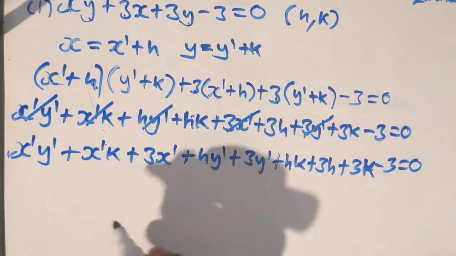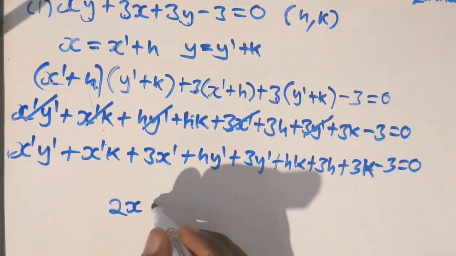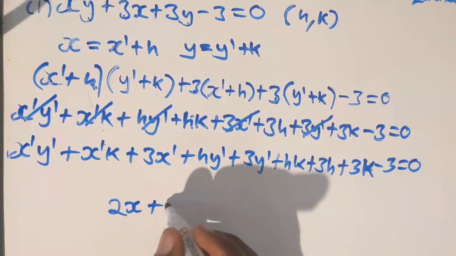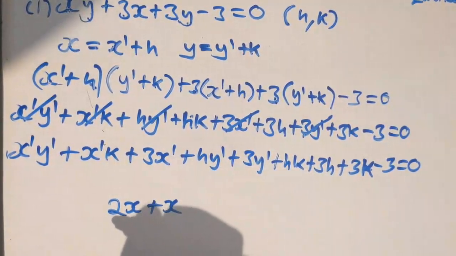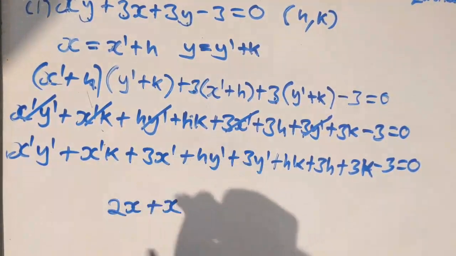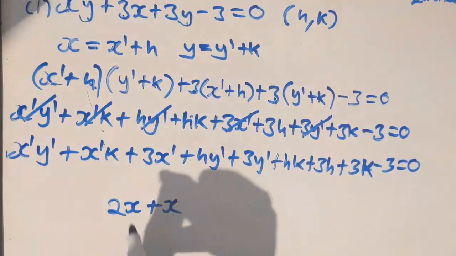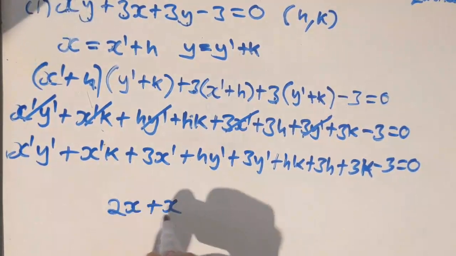So what I mean is, let's say for example we have 2x plus x, like that. Then you are taught to factorize. So when you are taught to factorize, what you do to factorize the x, you say what is common between the two.